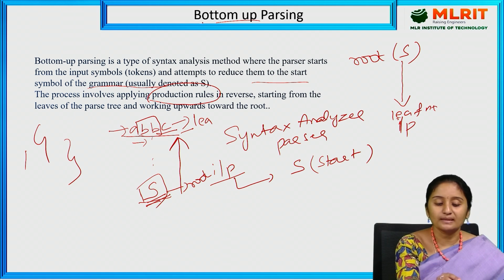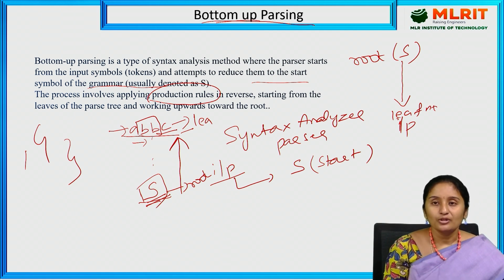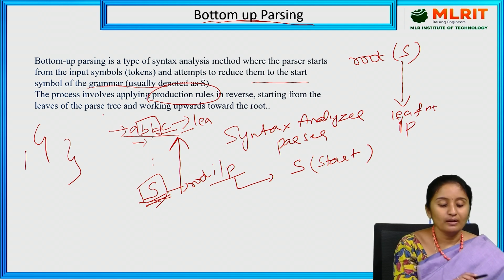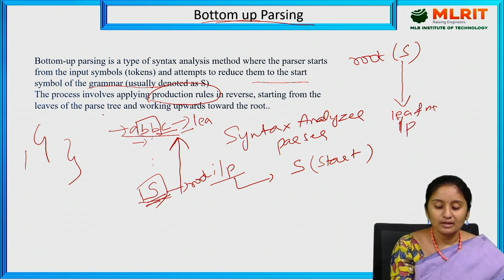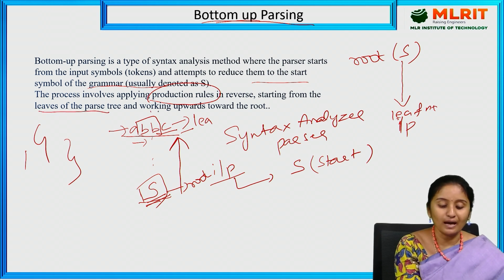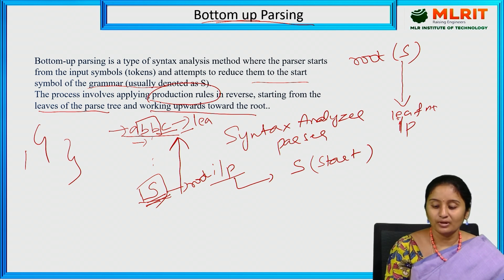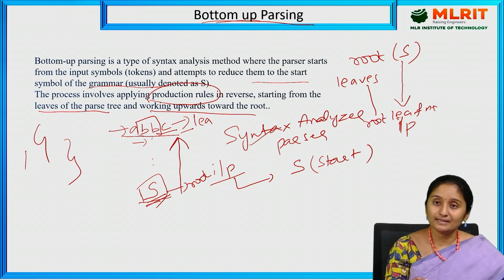So it is the reverse order: we generate the root node by taking the leaf nodes, starting from the leaves of the parse tree and working upward towards the root. This is bottom-up parsing, also called a syntax analyzer, which is nothing but a parser.